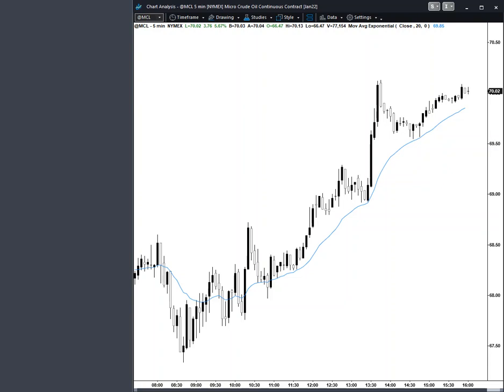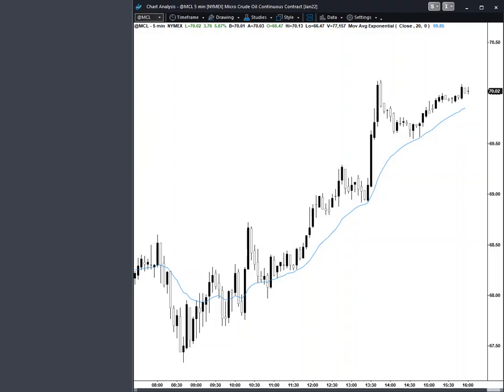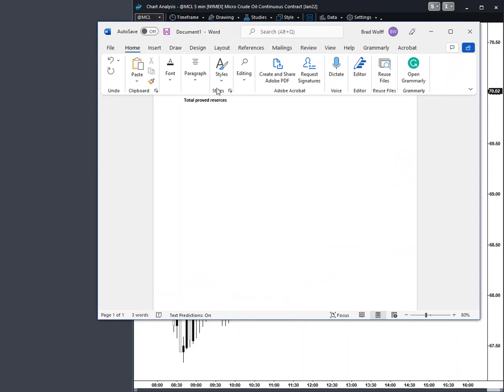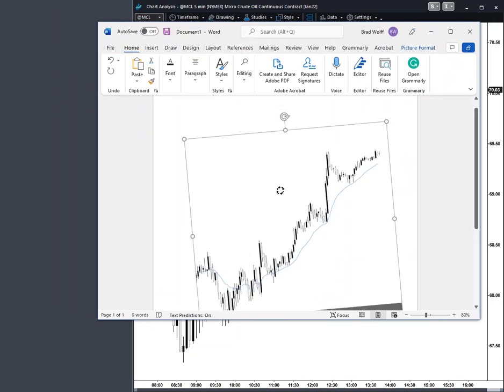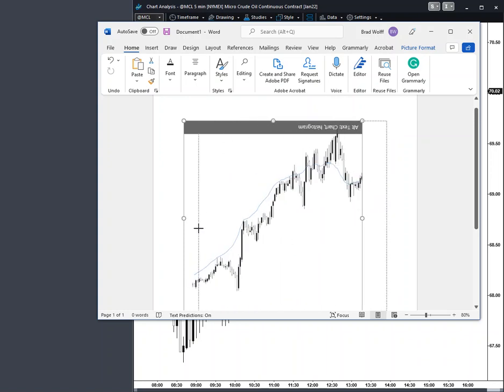And if I take a picture, like so, and then I go to Microsoft Word, and flip the chart upside down, now the chart's technically right to left, but really what I want to make is it flipped.